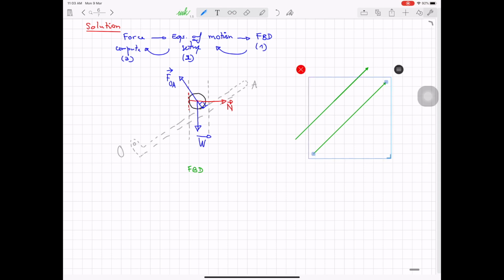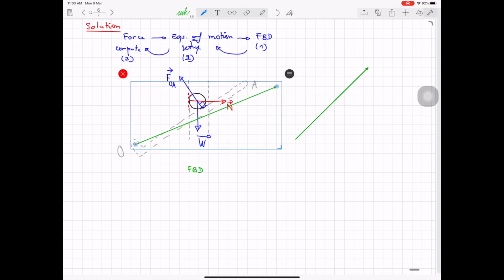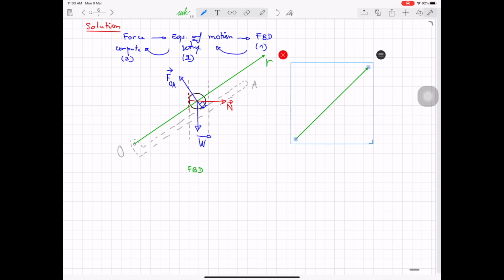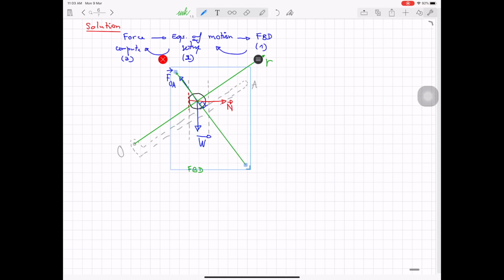I prepared here two vectors to show the radial axis and the transverse axis. The transverse axis will be perpendicular to the radial axis, and in this case the force FOA will pass through that axis.